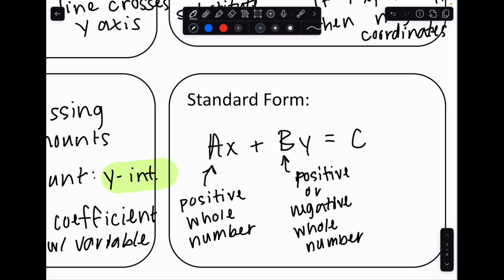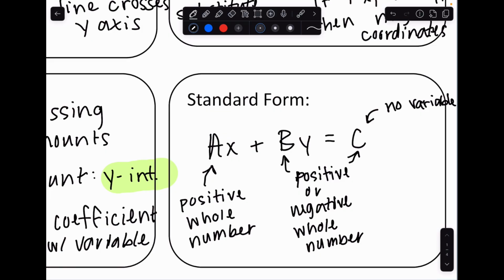In our c, same thing. It's going to be positive or negative whole number. But our c is a little bit different because if you can notice, there's no variable on c. Okay? So we want a constant for c.